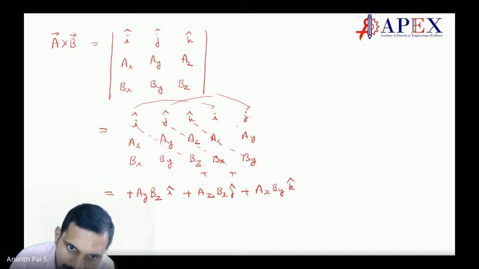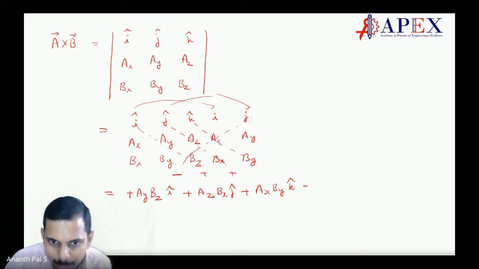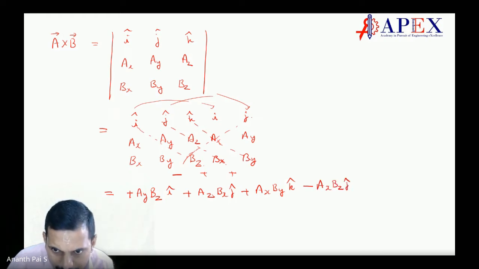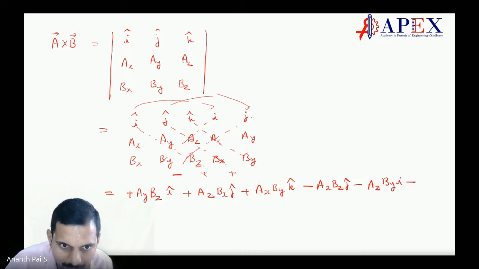Next go in this direction. When you go in this direction you put minus, so minus AX BZ into J, minus you go in this fashion AZ BY into I, minus here BX AY into K. That gives you the total thing.